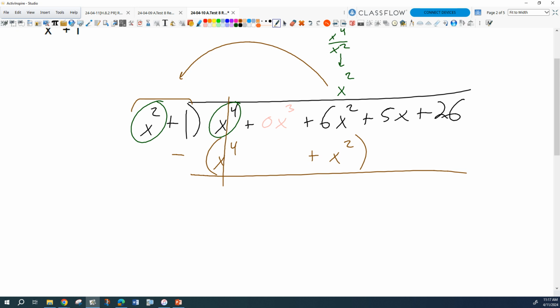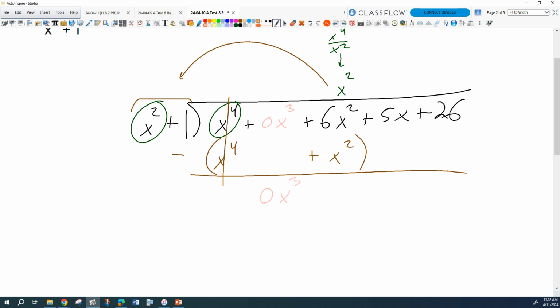We know that. Now, let's talk about the 0x cubed for a second. Do I bring that down? I could, but why would I? Think about that. If I bring the 0x cubed down, the x to the 4ths are gone, so I'm wasting a step, because my leading term would be 0x cubed.